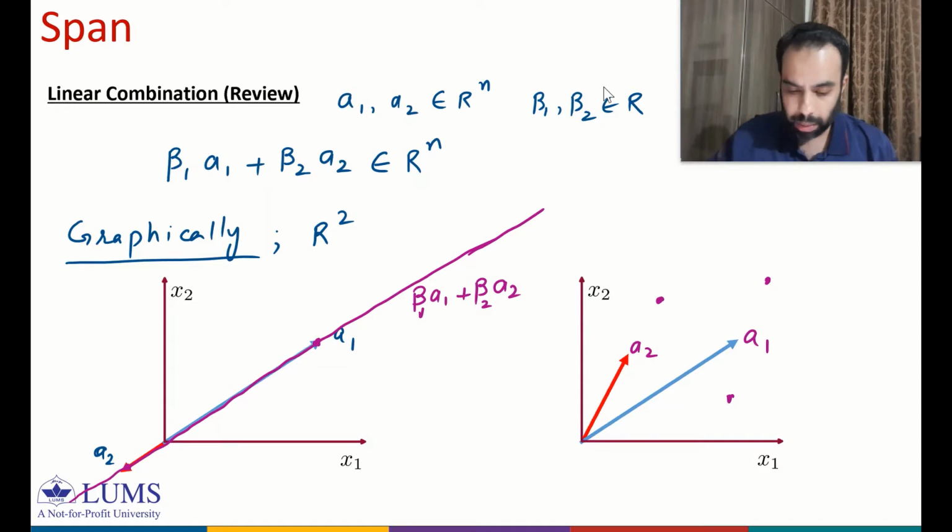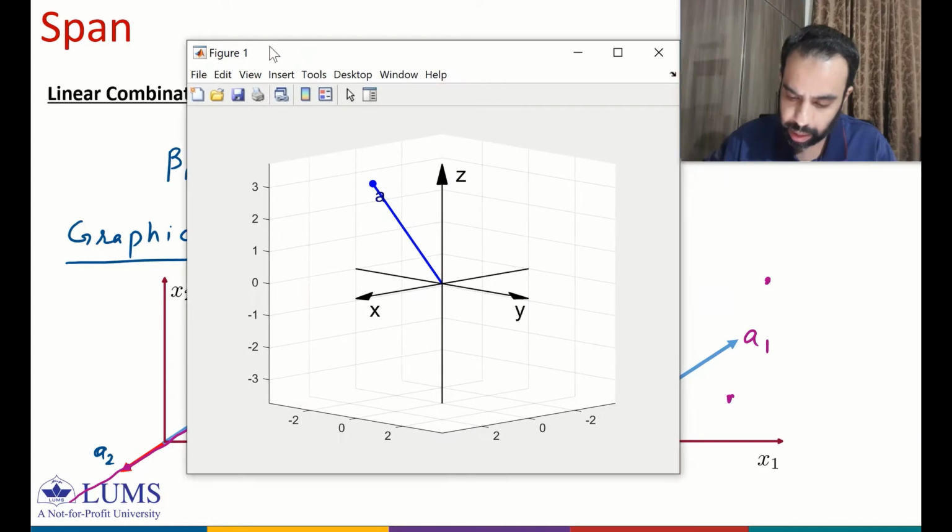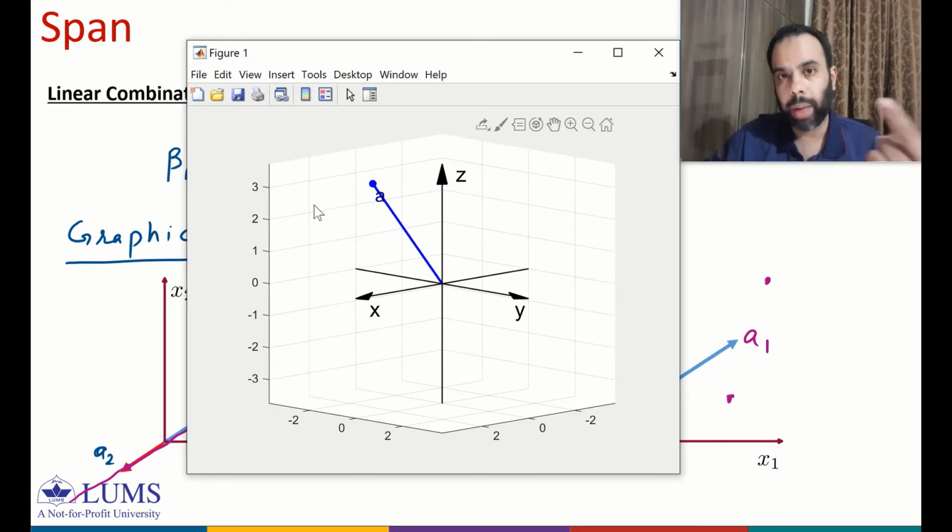Let me also try to explain this using a three-dimensional setting, so let me use MATLAB. In the 3D setting, we take one vector first. Say we are in three-dimensional space, and we take this vector A. If you want to find the linear combinations of this vector, since we only have one vector, the linear combination would be only scaling.